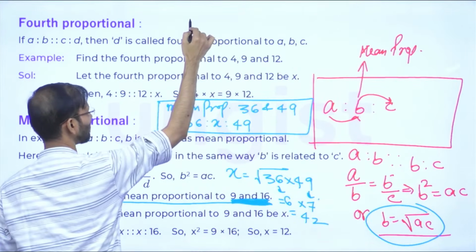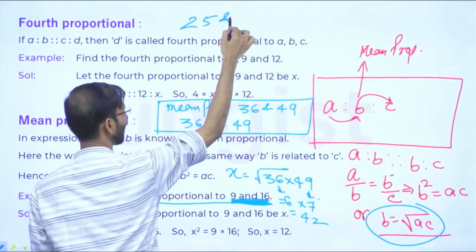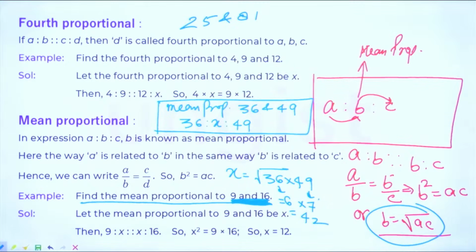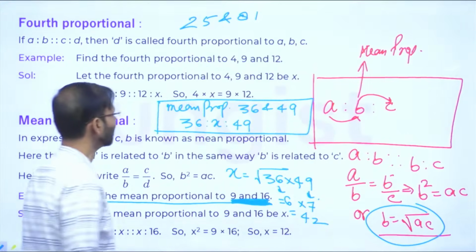Find the mean proportion of 25 and 81. What is the answer? Quick. Yes, this is 9 into 5. The answer is 45. Friends, comfortable? All of you feeling comfortable? That's great.